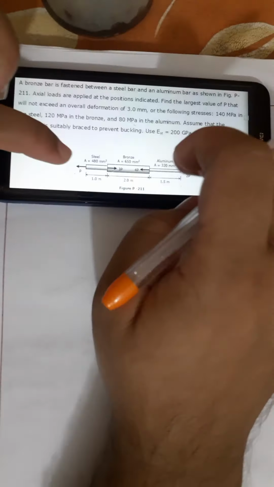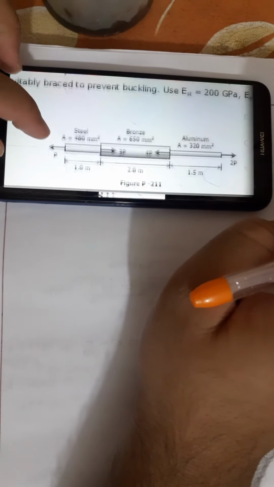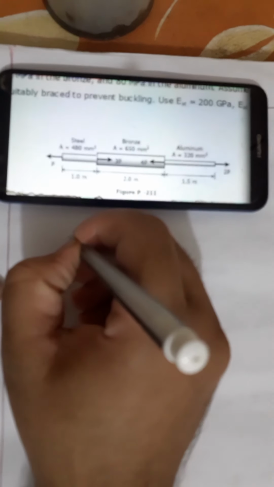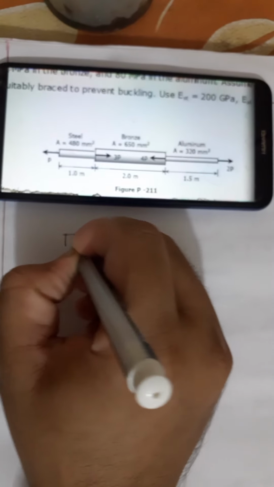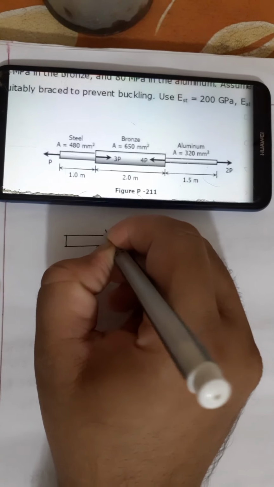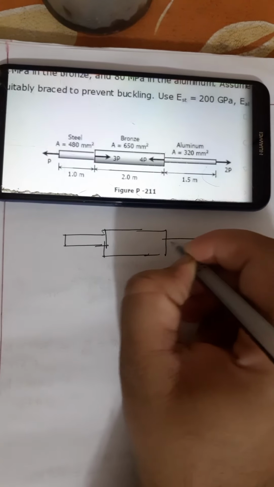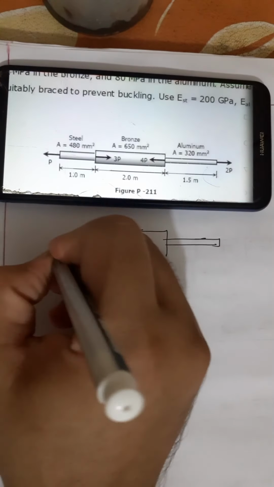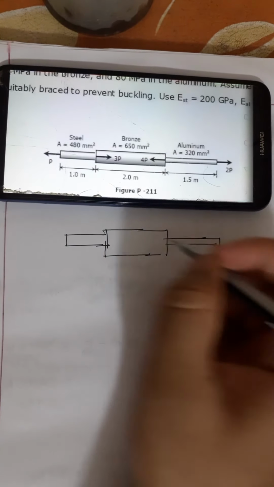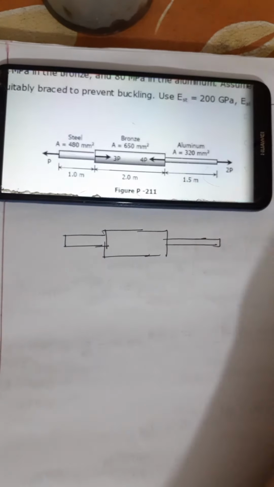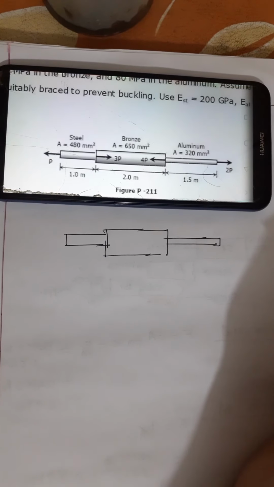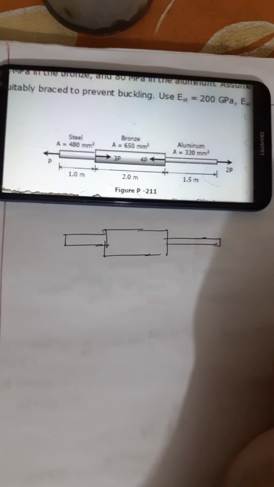So let us try to draw the figure and make it clear to us. I am drawing the same figure. As the properties are all shown in the figure, I am not drawing them again.